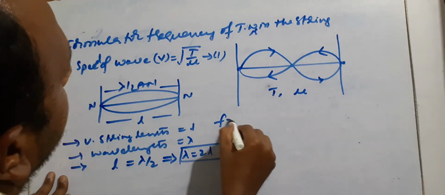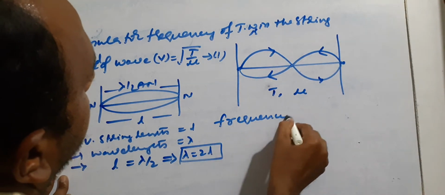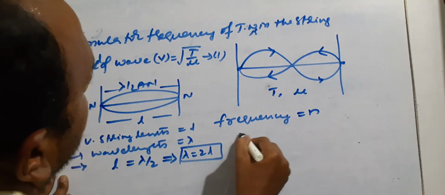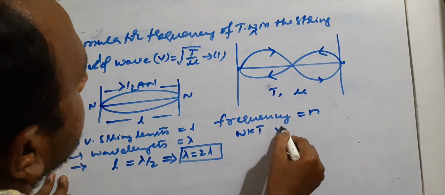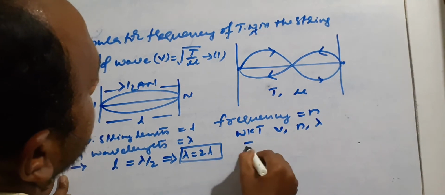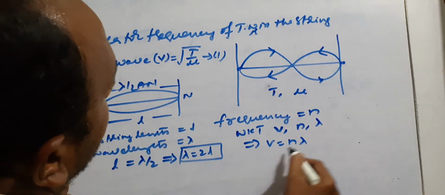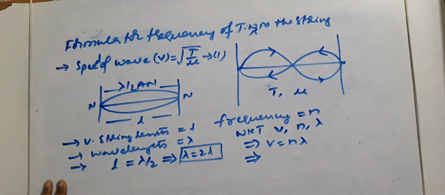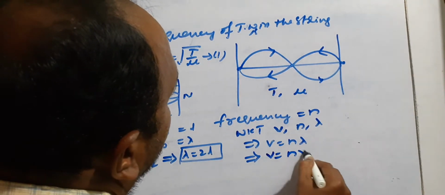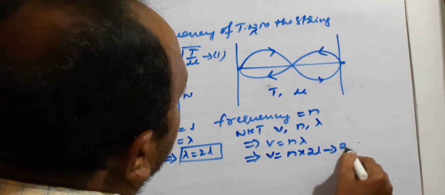Now the frequency of the vibrating string is taken as N. We know the relation between the speed of the wave V, N and wavelength is V equals N lambda. But lambda is 2L. This is equation number 2.